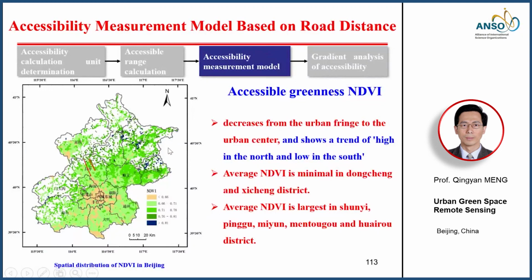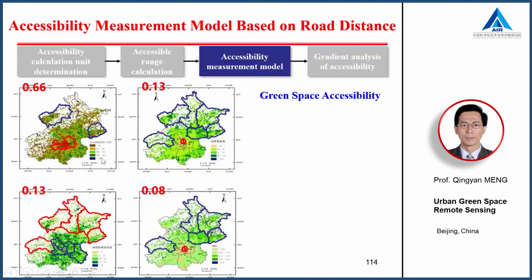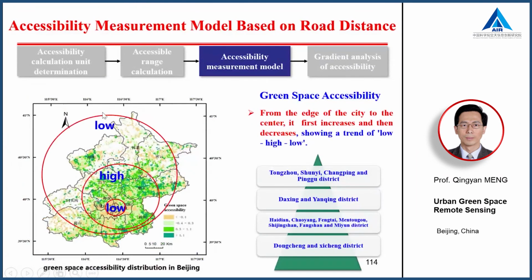The accessible greenness NDVI decreased, and the average NDVI is minimum here and largest in this area, and then we can combine them to get the green space accessibility from the edge to the center. It first increases, then decreases, showing the trend in the different districts in sequence.